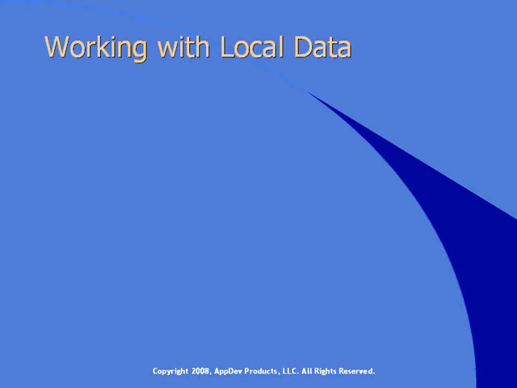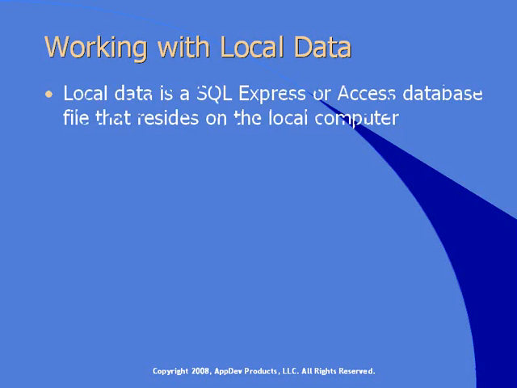There's another way you can work with data, and you can work with the individual data file, whether it's a SQL Server Express or an Access database file, and you can attach it at runtime. So when you create the data source, you would choose either Access database file or SQL Server Express database file, and then go locate the SQL Server database or Access database file.